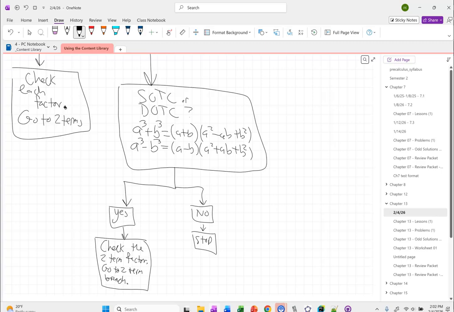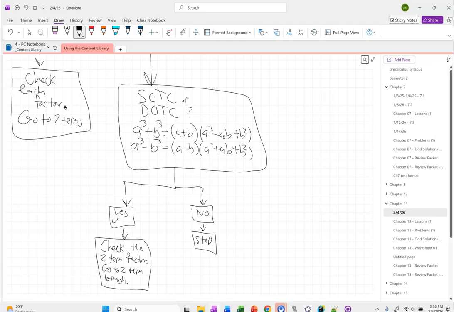Also check the factor for 2 terms, because you can get a 2-term and a 3-term when you do a difference or sum of 2 cubes. This one is never factorable if you've done the order that I've suggested.